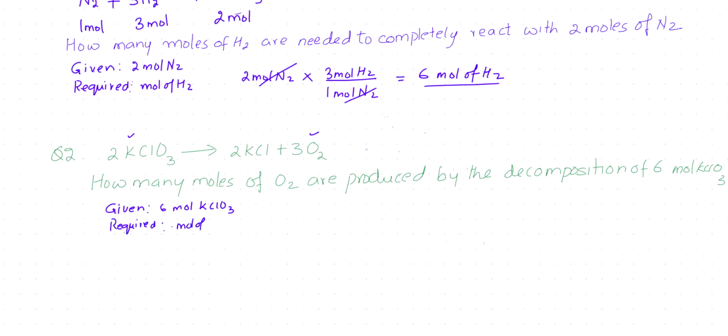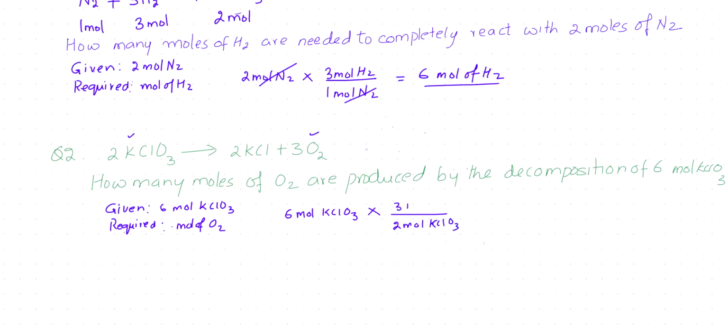So given amount, first we write 6 moles of potassium chlorate, 6 moles KClO3, times mole ratio. The ratio of potassium chlorate and oxygen is 2 moles of potassium chlorate produces 3 moles of oxygen. Because we are writing potassium chlorate here, in the denominator we write 2 moles of potassium chlorate, 2 moles KClO3, produces 3 moles of oxygen.